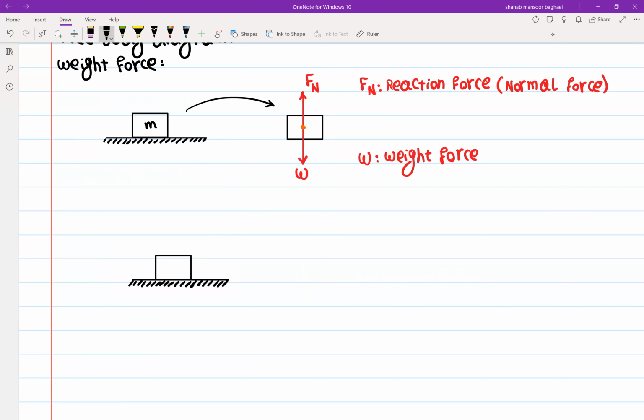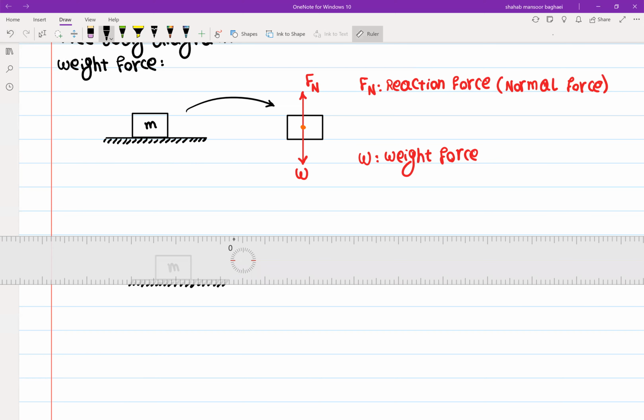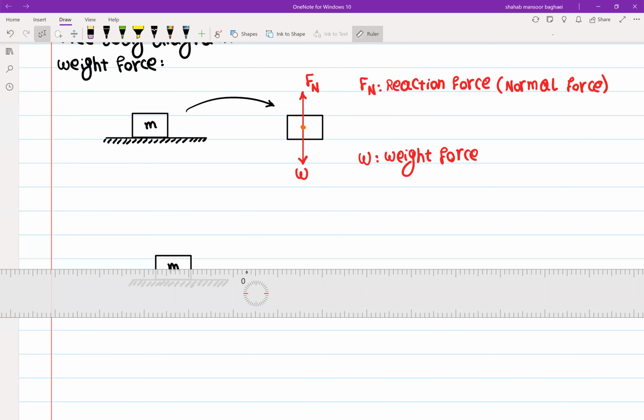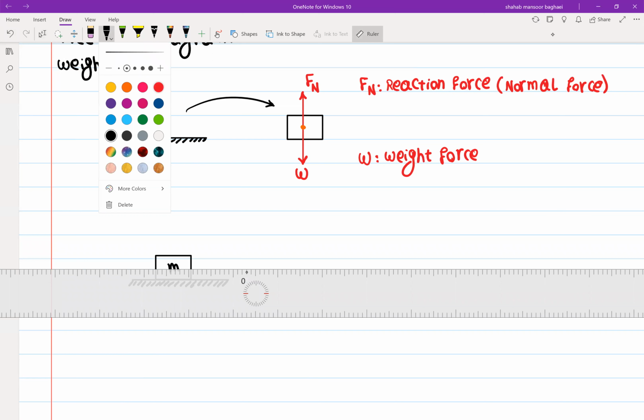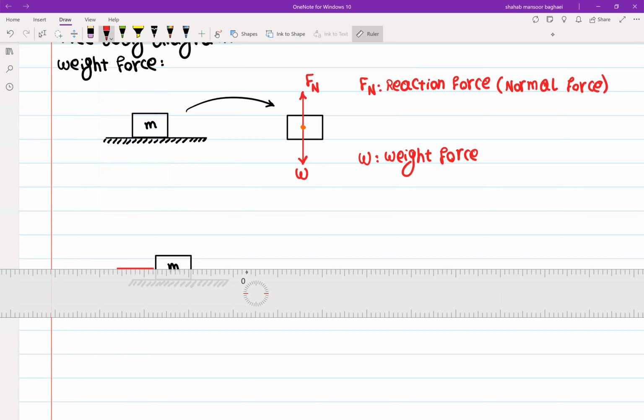It has mass M. There is a force applied on this block to the right, like this.